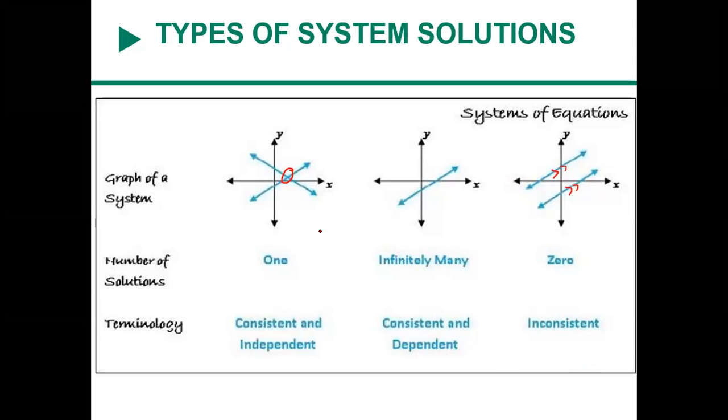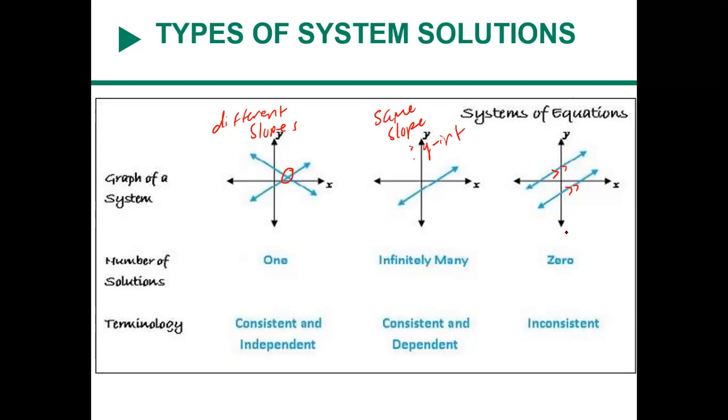The other thing to pay attention to is knowing how to do this based on the slope. So if the slopes are different, then you know that you're going to have intersecting lines, okay? If you have the same slope and same y-intercept, then you're going to have coinciding lines.